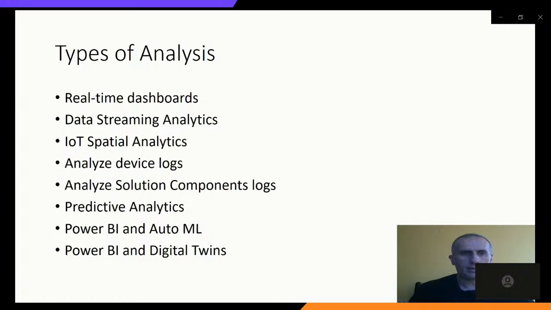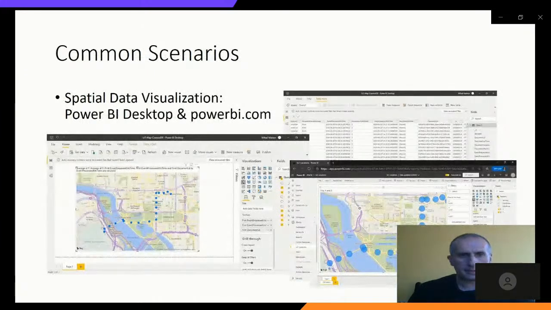We can also analyze solution component logs. We can have predictive analytics with Power BI. We can integrate Power BI also with automated machine learning and with the Digital Twins service. Spatial analyses are available for both PowerBI.com and also Power BI Desktop.